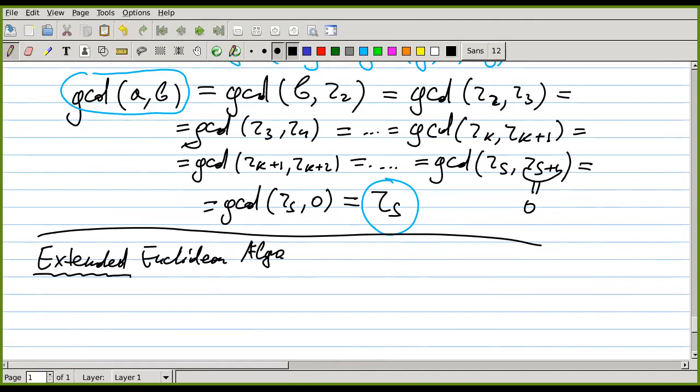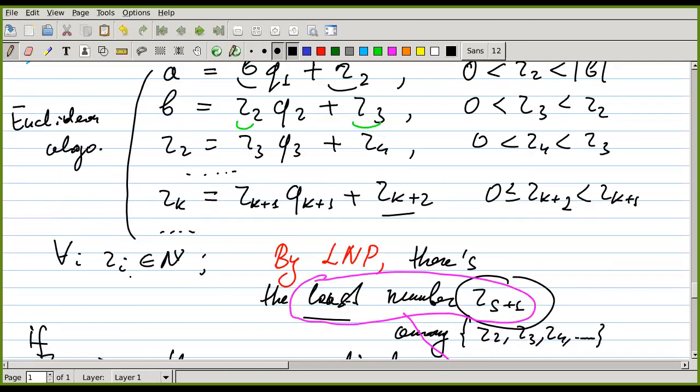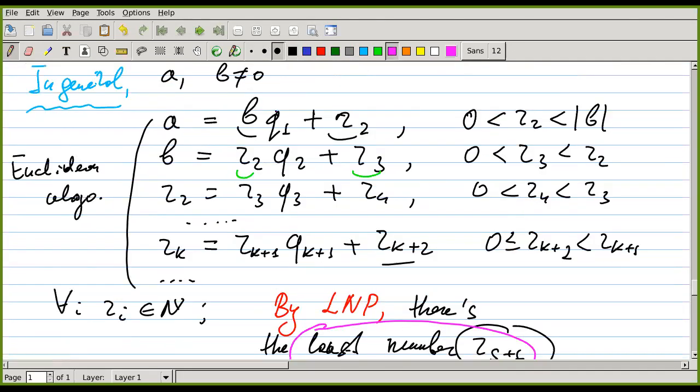What does it mean that it is extended? In fact, in the Euclidean algorithm, we obtain two sequences of Qs and of Rs. In general, doing these sequential divisions, we obtain two sequences of numbers.